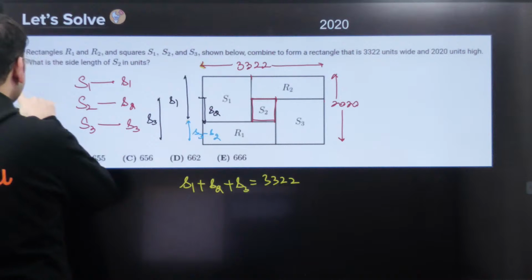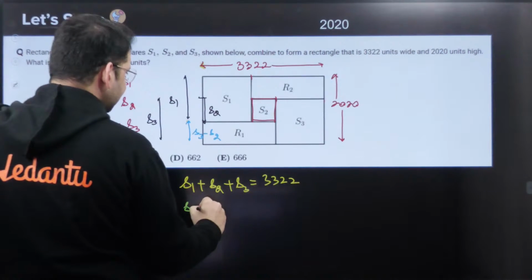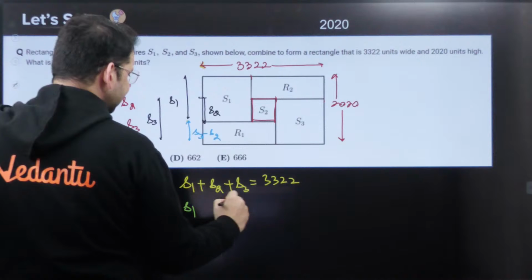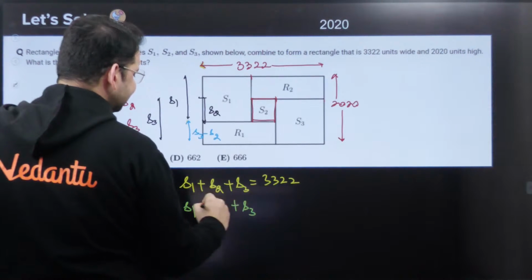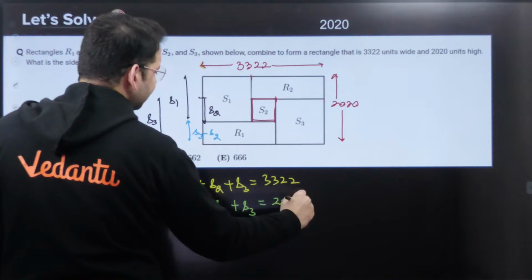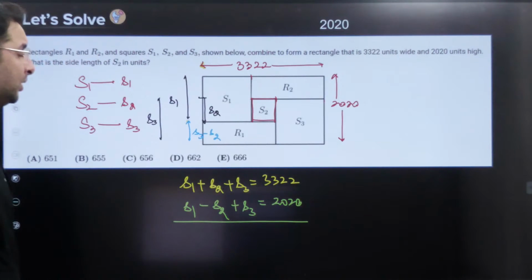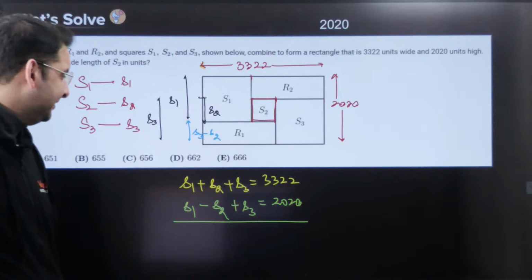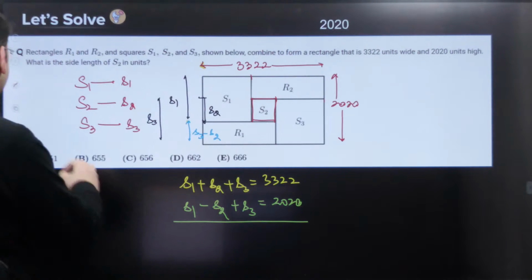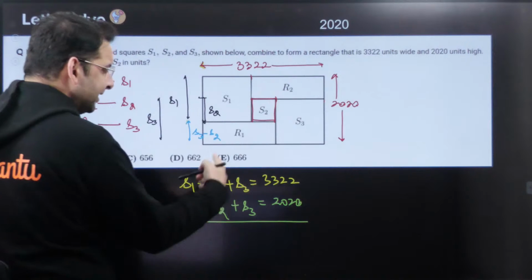So the total length would be S1 plus S3 minus S2. Can I say this is 2020? So we already have two equations in S1, S2 and S3. Since we want to find S2, how do we find S2? By subtracting these two equations.